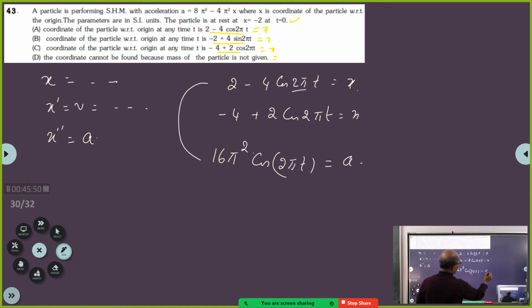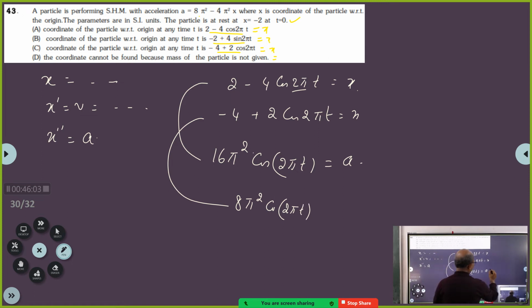This is going to be the acceleration. And for this expression, you are going to get 8 pi square cos of 2 pi t. This is the acceleration at x is equal to 0.